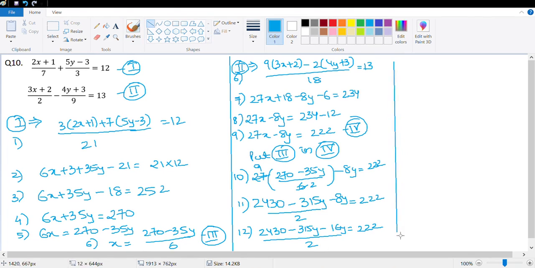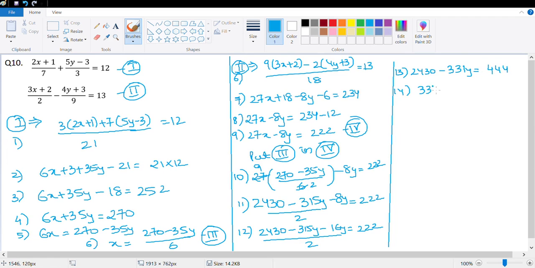Longish question, basically because I'm doing it one step at a time. Okay, so this is 2430 minus 331y is equal to 222 into 2, that's 444, which means 331y is equal to 2430 minus 444.